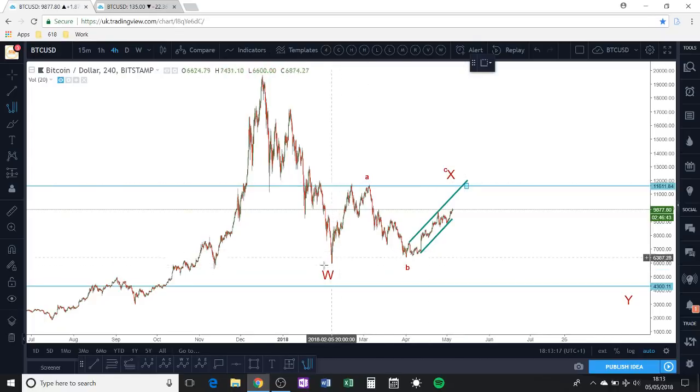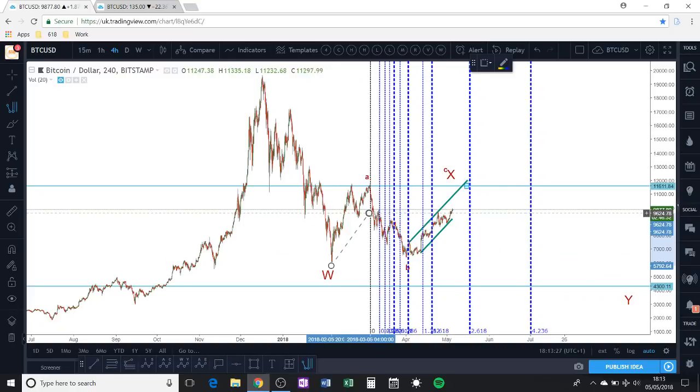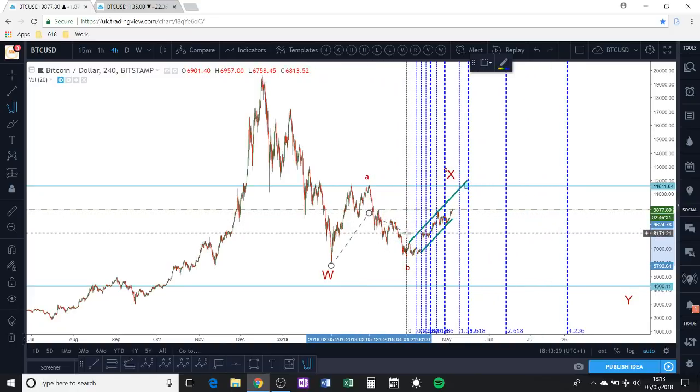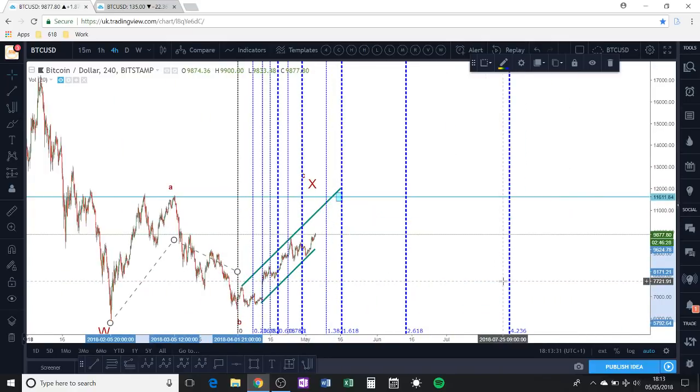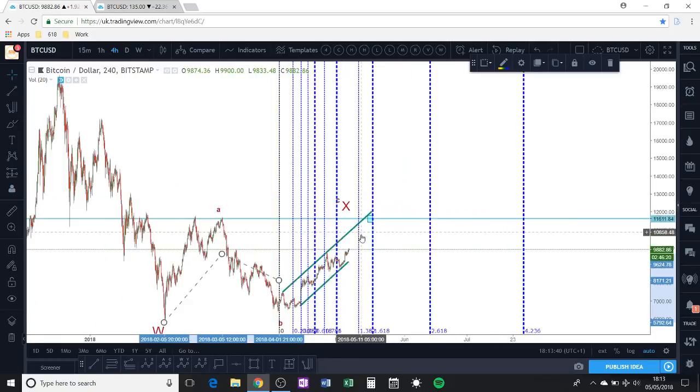First of all, wave C often has a Fibonacci relationship with wave A. So if this is our wave A, and we extend that from the end of wave B, we can see that the 1.618 extension is around here. This is looking at 17th of May, so just at the end of that box right there.